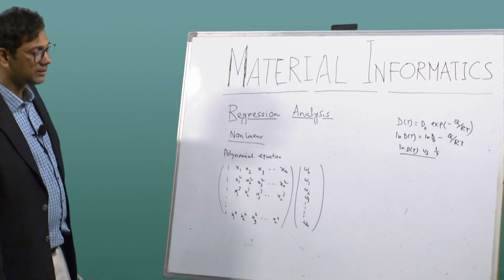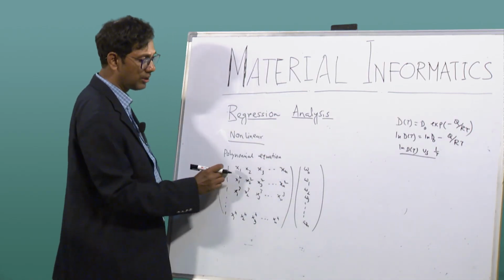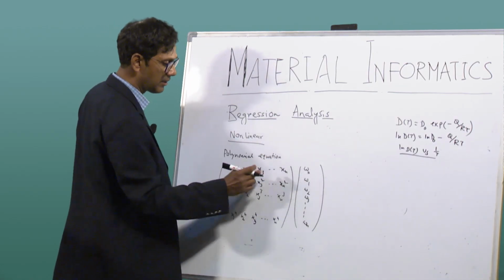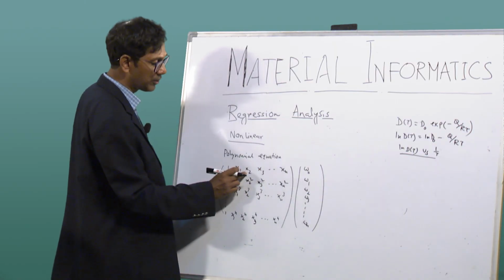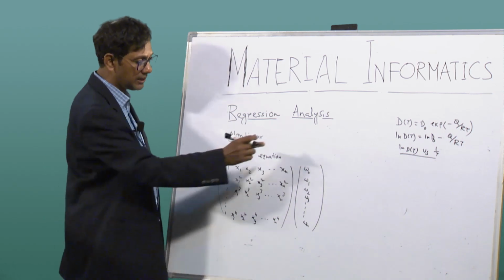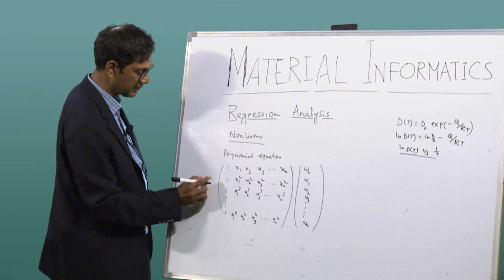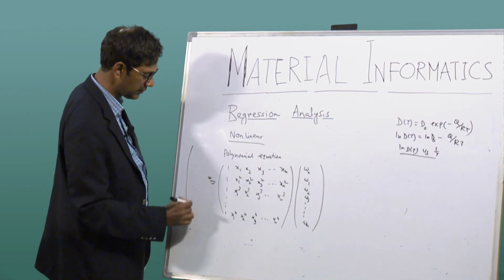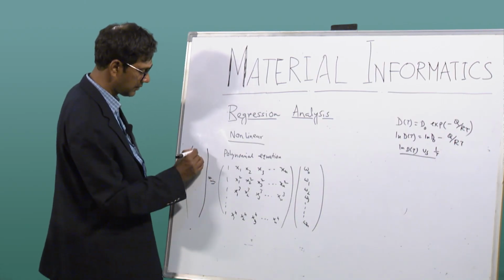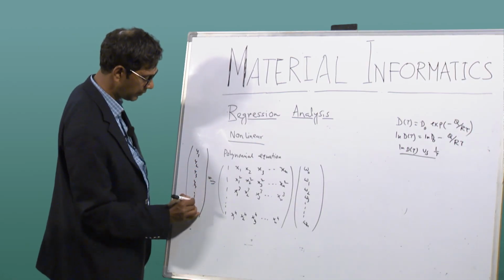Am I clear? So you can multiply. That's why 1 is used: W0 plus W1 into x1, plus W2 into x2, plus W3 into x3, and it goes on. The same on this side, y1, y2, y3.